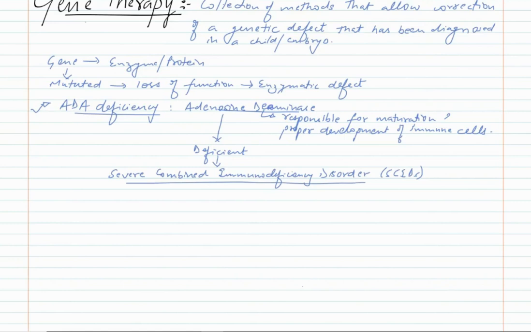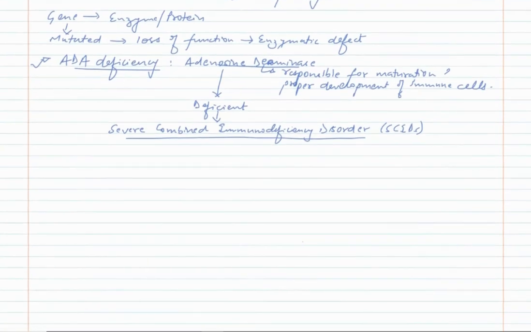In this condition, all the immune cells will be absent and the person will suffer from frequent infections, which will be life-threatening since there will be no immunity against these infections. So the gene for ADA production is mutated in case of SCIDS.